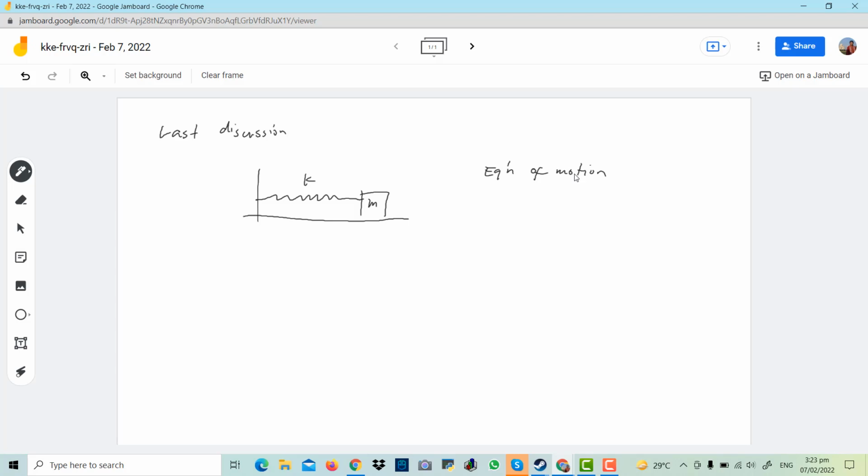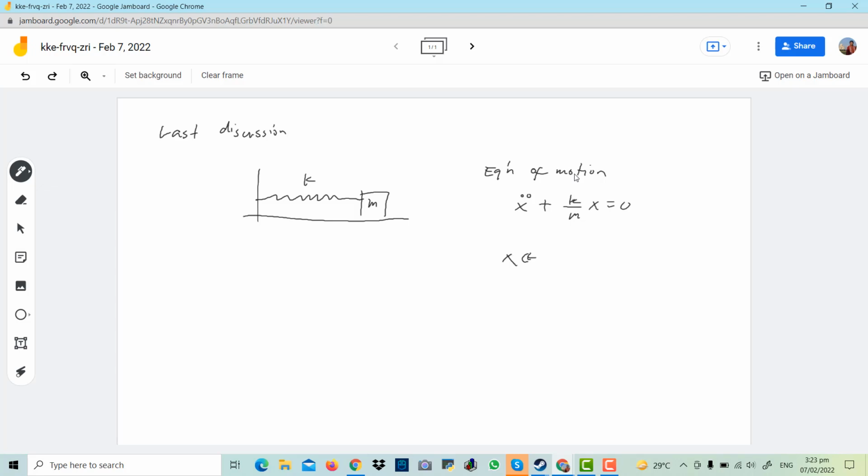The equation of motion of this is equal to this one, right? x double dot plus K over M x equal to 0. So this will be the equation of motion.